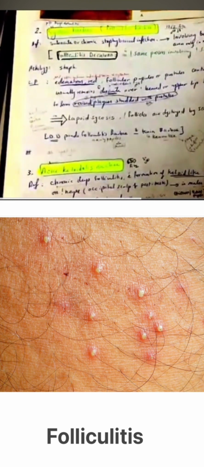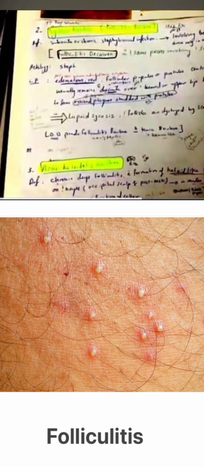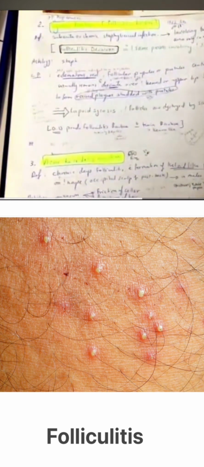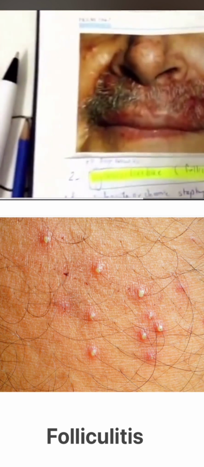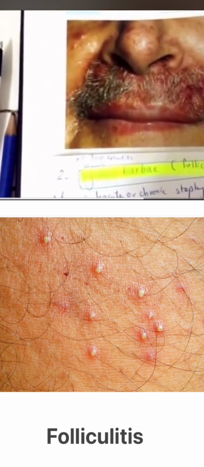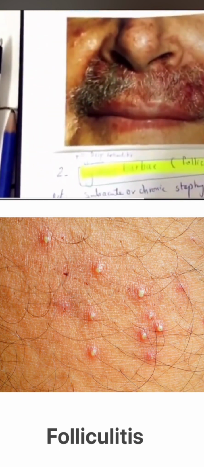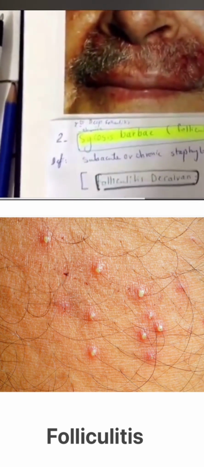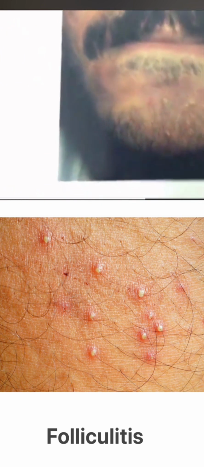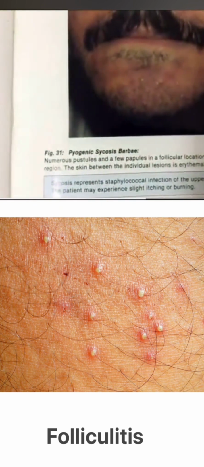In lupoid sycosis, the follicles are destroyed by scarring. So here we can see a picture of sycosis barbae, which is a deep chronic folliculitis. And also here, this is another picture of sycosis barbae.